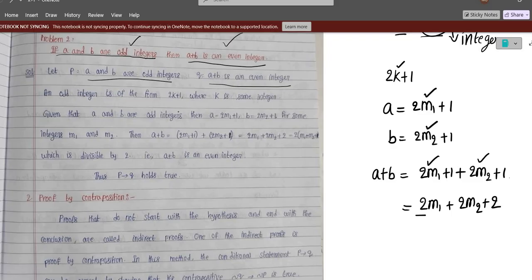Observe 2 is common in each term. Take 2 outside: 2 times m1 plus m2 plus 1. So a plus b is written as 2 into something. That's why a plus b is an even integer. That means we considered p, we proved q.